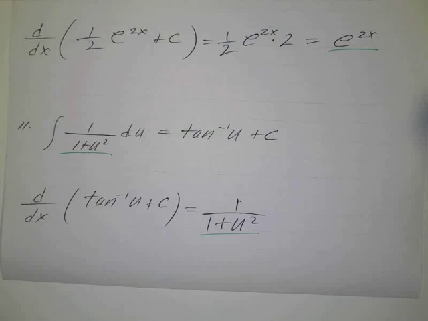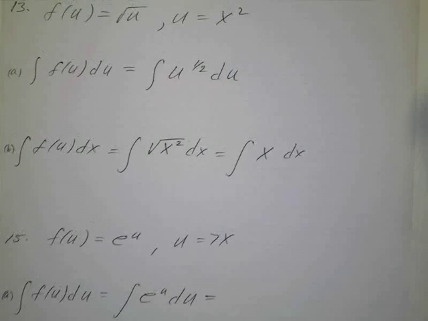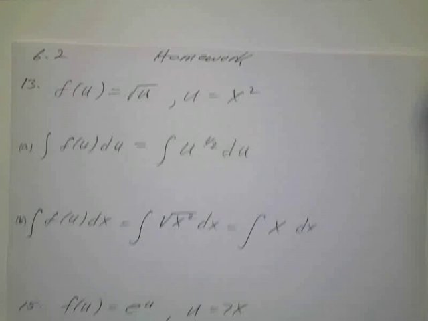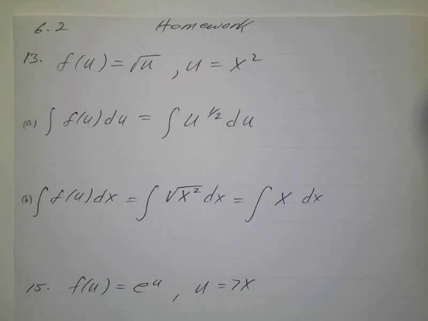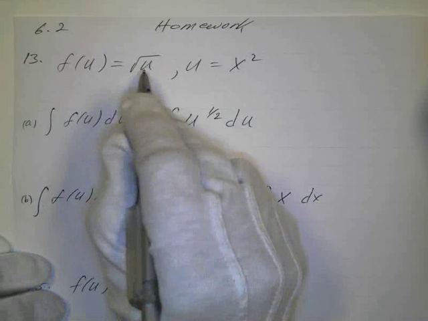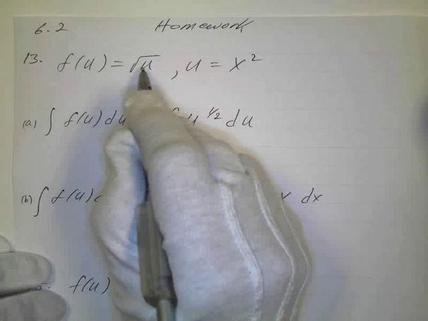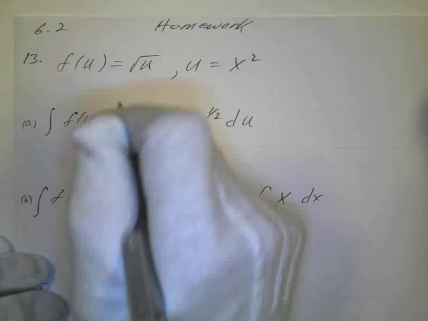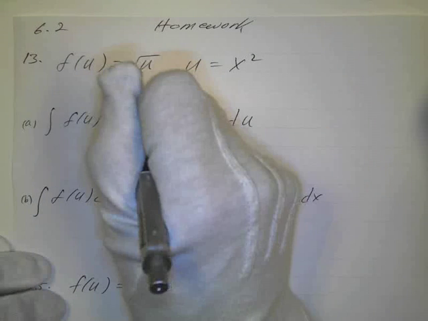Okay, then number 15. I'm sorry, number 13. Verify that the integral of f of u with respect to u is not equal to the integral of f of u with respect to x. And this f of u is the square root of u, or you could think of it as u to the 1/2 power.